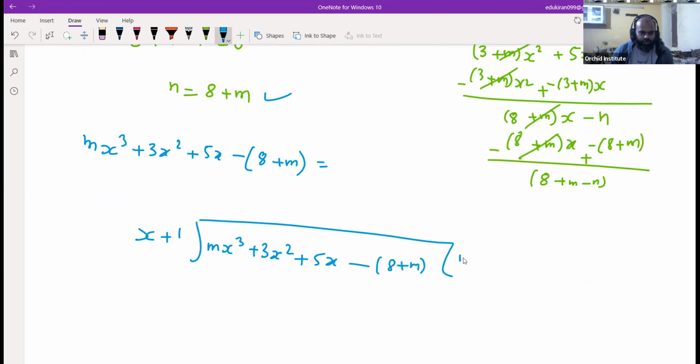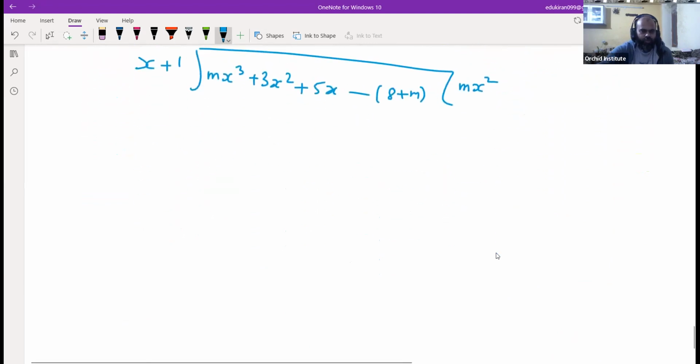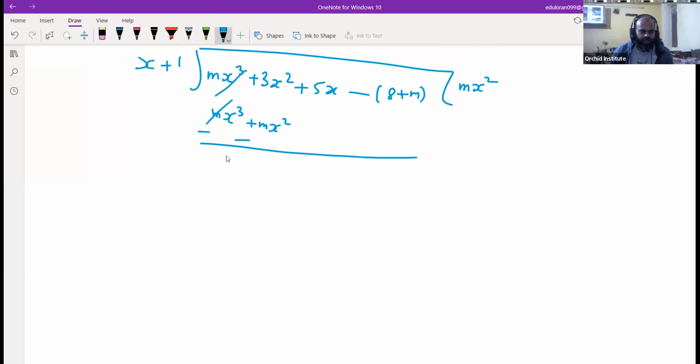You'll get first mx square here. So you have mx cube plus mx square, and you'll do the subtraction. You'll get 3 minus m into x square plus 5x minus 8 plus m. I hope you are following, Satya.